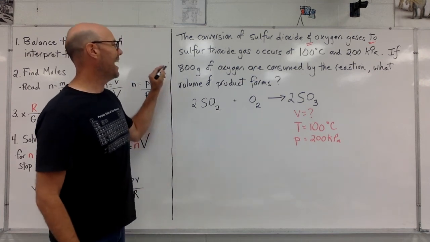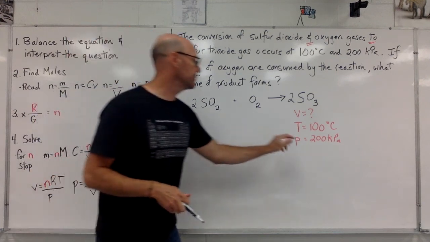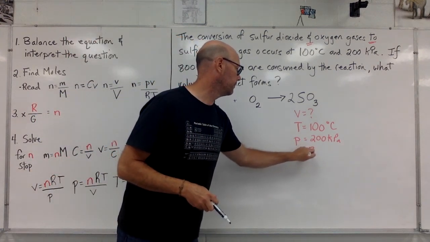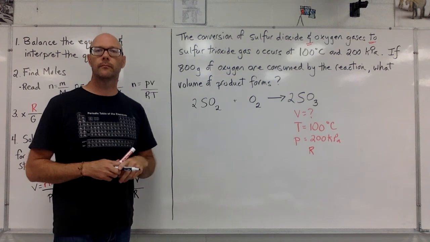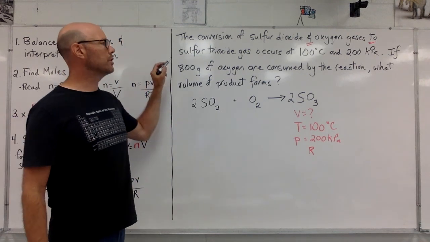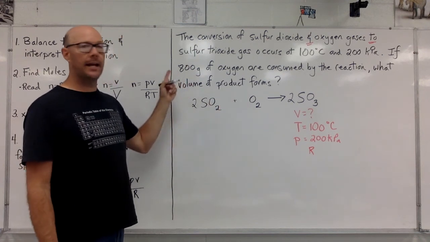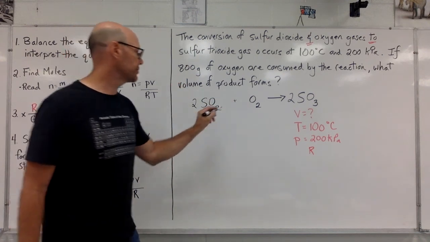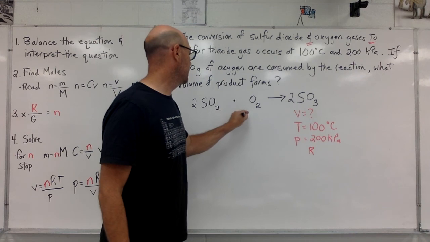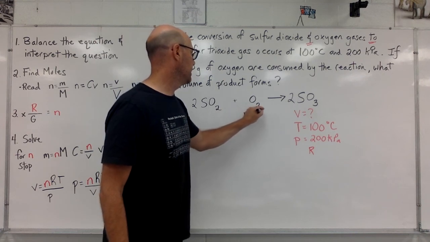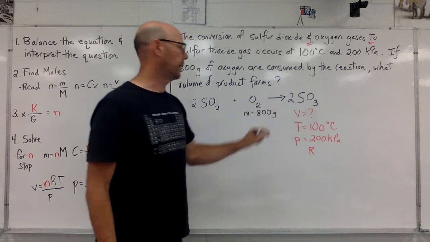Here we have, that's where the question mark is. It's also R. We have also 800 grams of oxygen being consumed. Here's the oxygen, 800 grams, that's the mass. The mass of the oxygen is 800 grams.